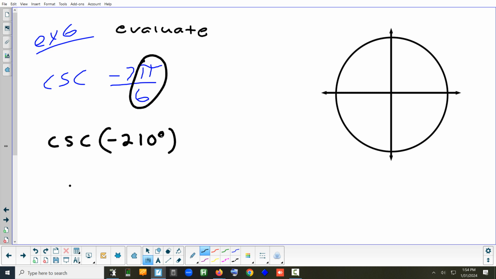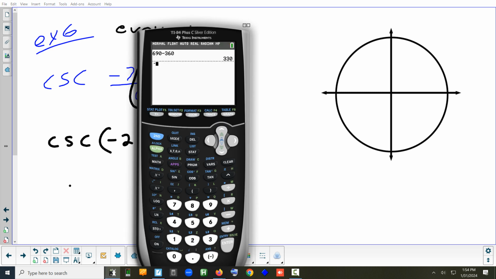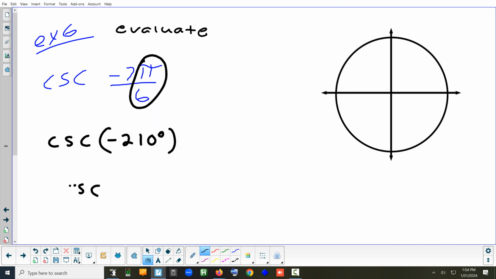All right, I like it because it's in degrees, but I'm still not crazy about that angle. What do we want to do to that? I would add 360. So take negative 210, add 360, and now it's 150. You should be able to tell looking at that now if it's either a multiple of 30 or 45.